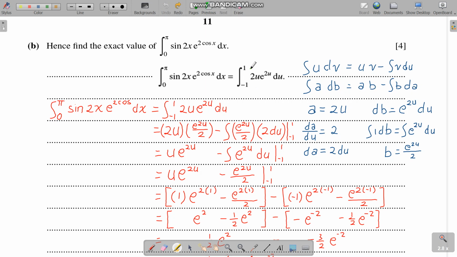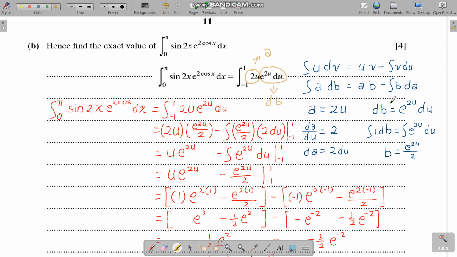So the a in this case is the 2u, so this is the a. So if the a is 2u, da du, the derivative of a with respect to u is just 2, which means the da is 2 du. And the db is this whole thing. This is the db.